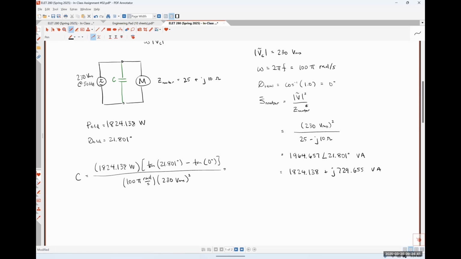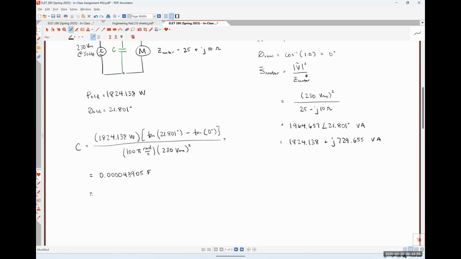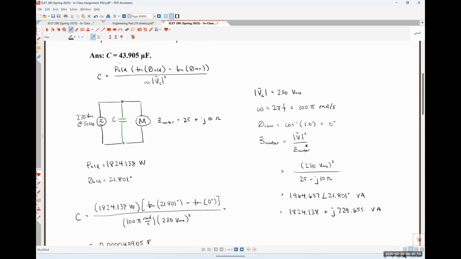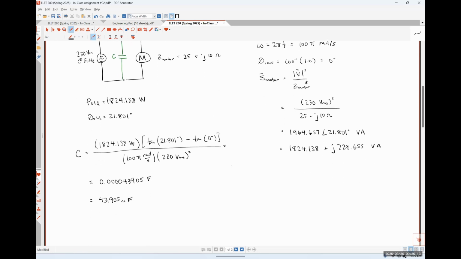So I got 0.000043905 farads, which could be better expressed as 43.905 microfarads. That looks too much like an A. And I'll be damned if that isn't the correct answer.